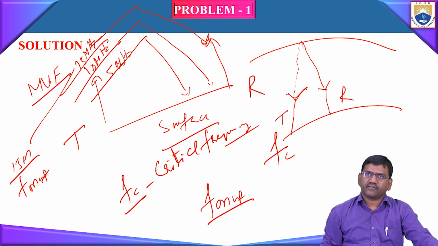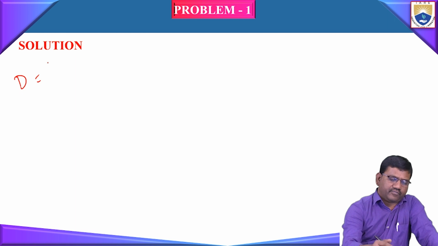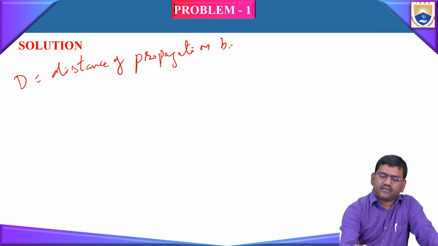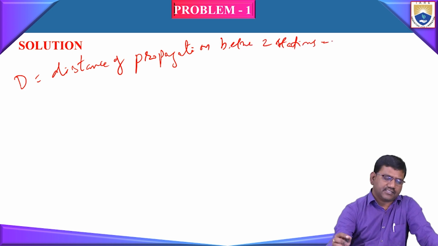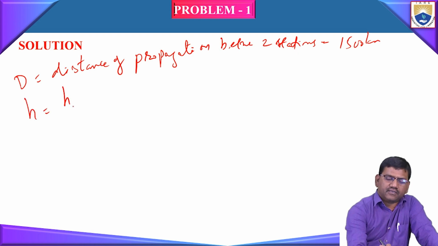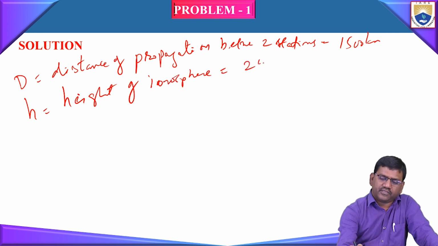Now, as per the data given, d is the distance of propagation between the two stations, given as 1500 kilometers, and h represents the height of the ionospheric region. It is given as 250 kilometers.